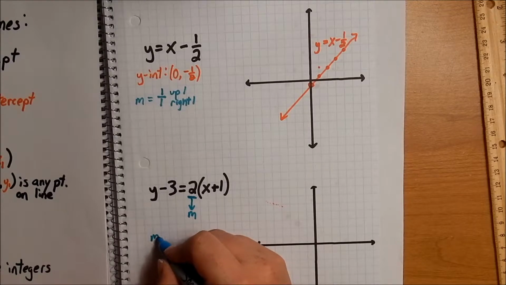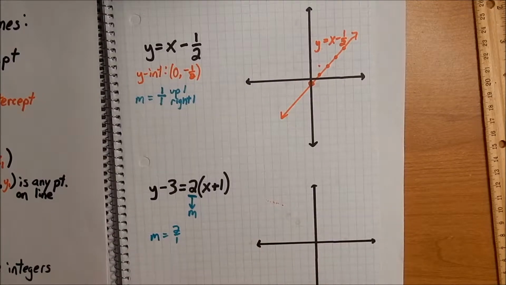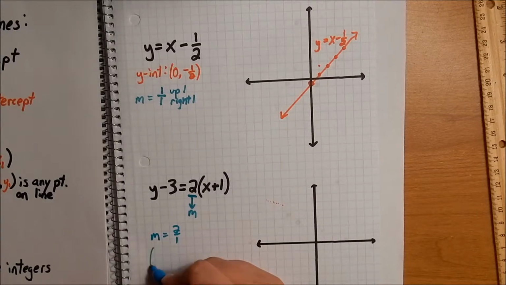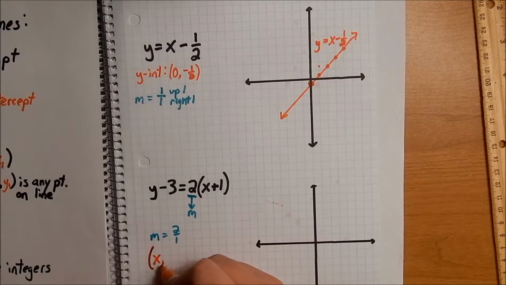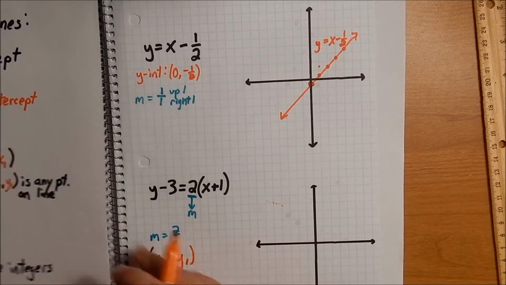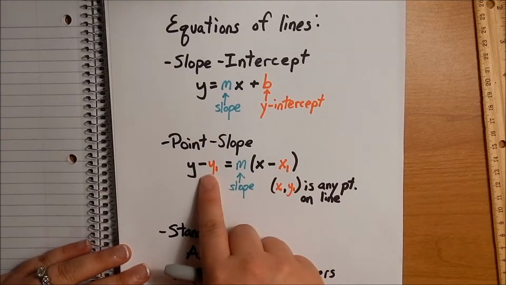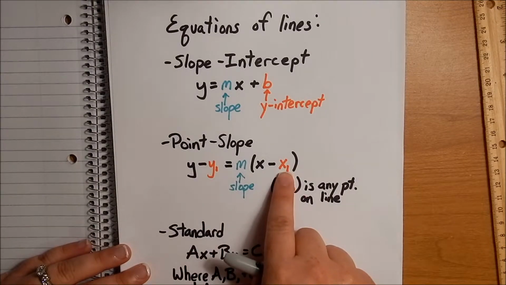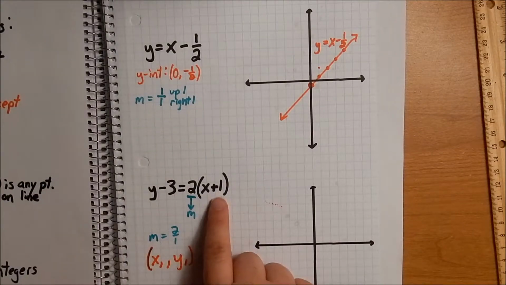So let's just jot that down. We know our slope is 2/1, so I'm going to go up 2 to the right 1. But what's that point? What is the x1, y1, like we had here? Also note that this is minus x1 and minus y1. In my equation, though, I have a +1 where the x1 would go.